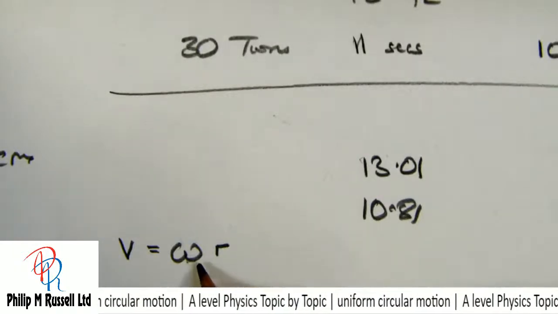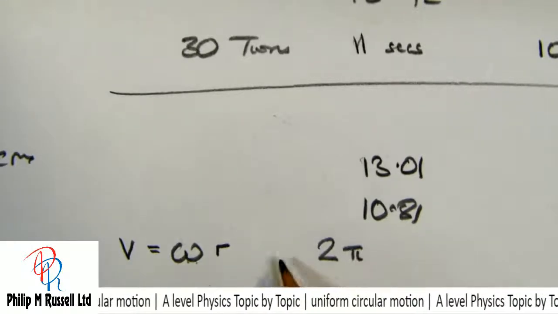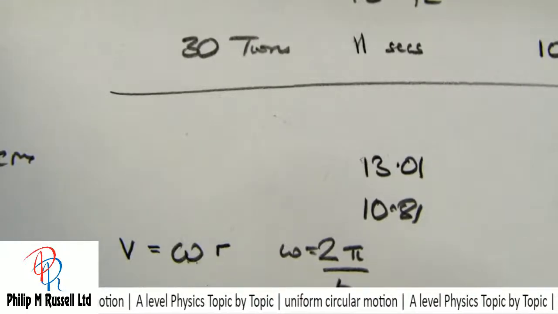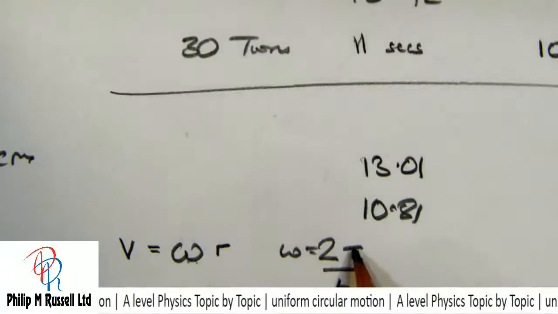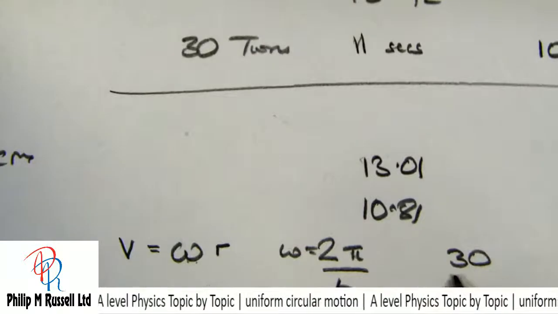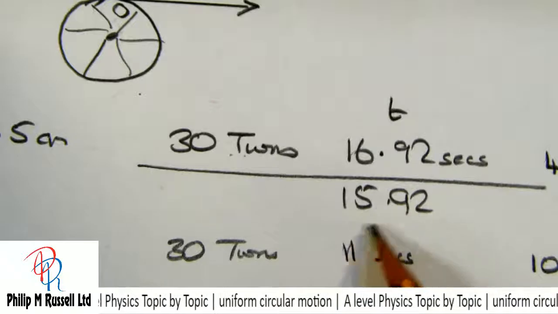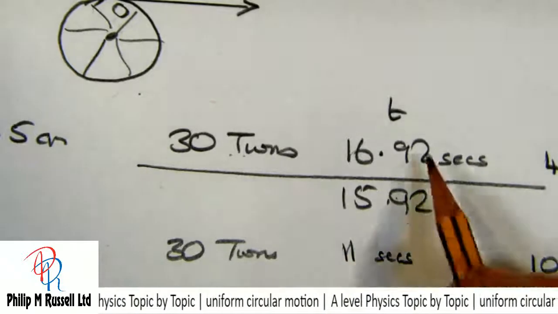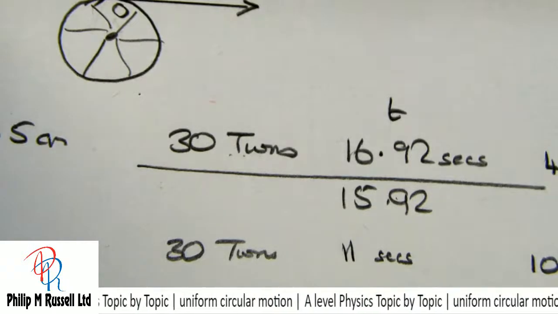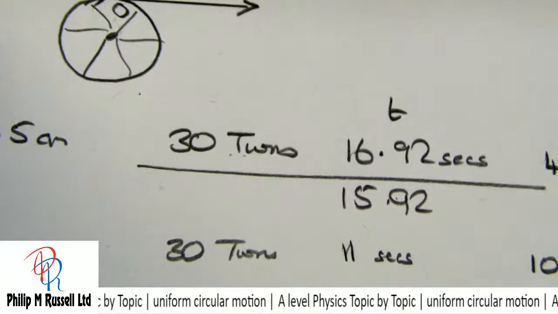Now, can we work out what that is? Well, we know that is 2 pi over t. We know the time and we know the number of revolutions. Number of revolutions here 30, divide by the time, 16.92.